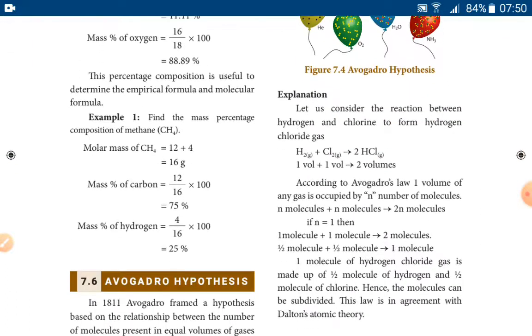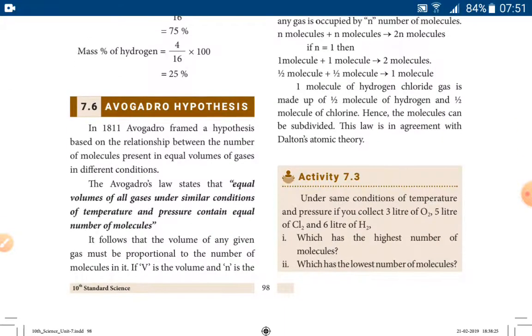So if you are given a formula, you have to remember some atomic masses like carbon, hydrogen, oxygen, nitrogen, sulfur, and from the atomic masses you have to find the molar mass, and then into 100 you can calculate the mass percentage of the given element in the compound.